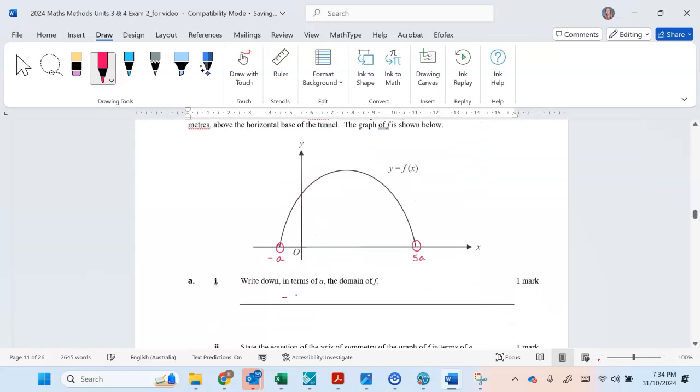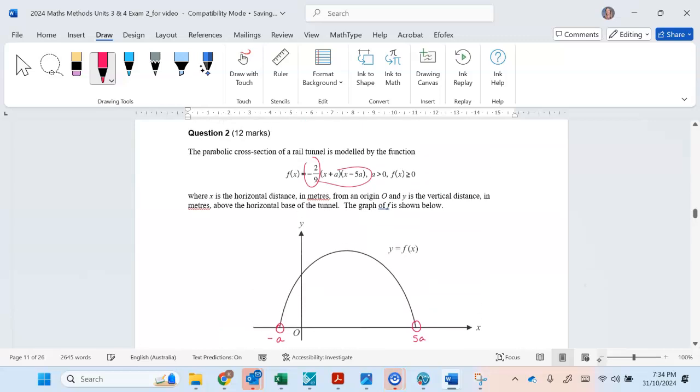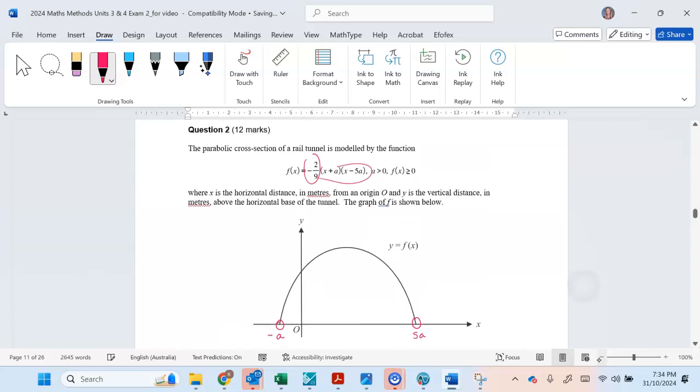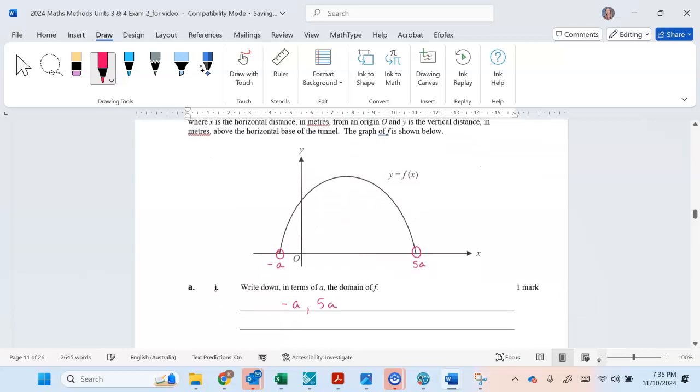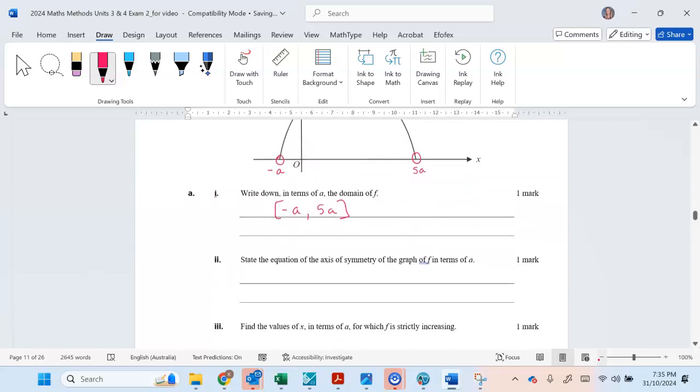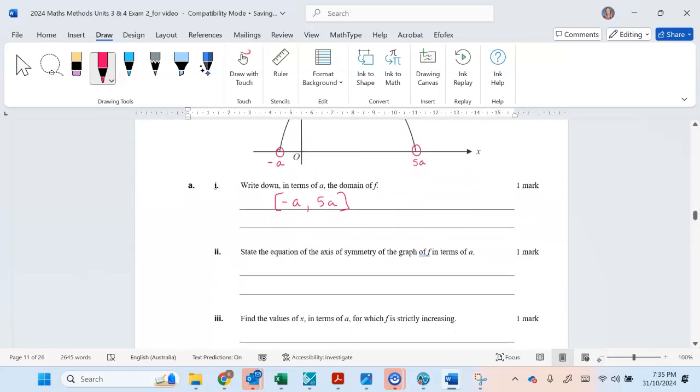So we've got negative a to 5a, and I think where they're included, where f of x is greater than or equal to 0. Beautiful, so they're included. Moving along, you should be able to get that question.